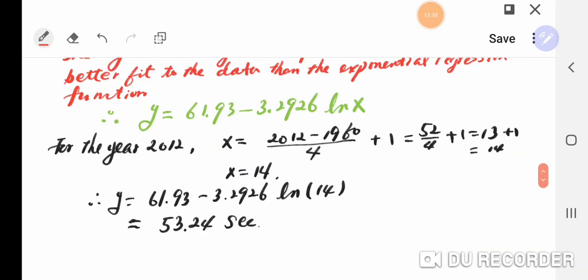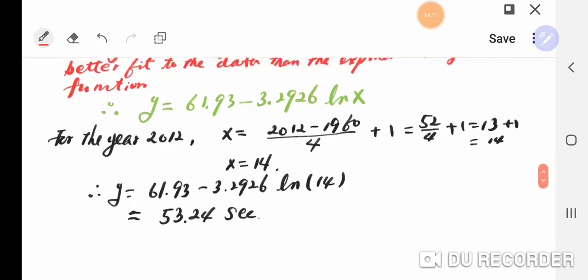That will be 2012 minus 1960, divided by 4, because the Olympics are held every 4 years, and then plus 1 because we started from 1. The x value will be 14. Just substitute 14 for x to predict the winning time in the 2012 Olympics. That would be 53.24 seconds.